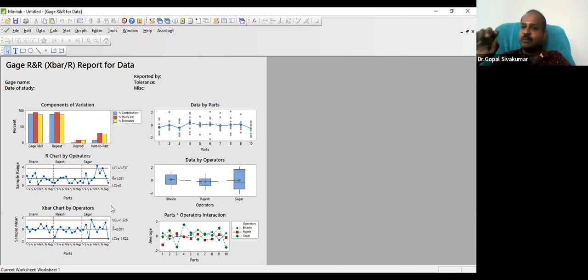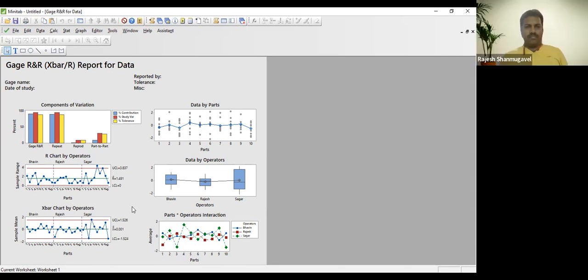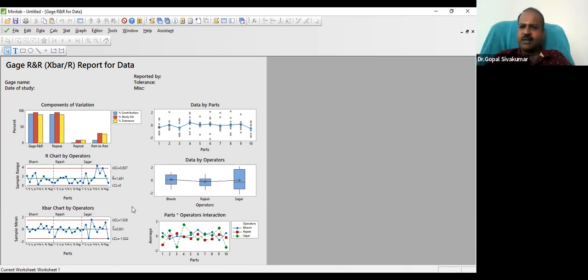What percentage of bad parts did you mix up? 50%. That 50% of the points should be thrown out. If that is not happening, your measurement system is not good. Whatever ratio you want, 50-50, 60-40, 70-30, expect a similar percentage of the points to come out of the control limit.